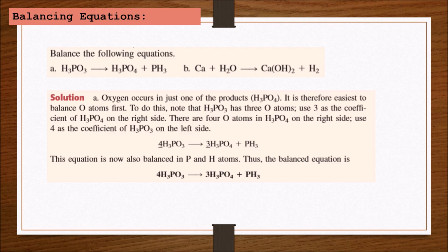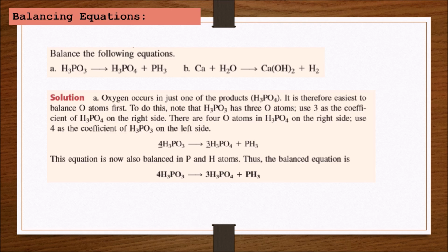Since we are doing a trial and error method, it is easiest to balance the oxygen atom first. H3PO3 has 3 oxygen atoms, so you can use 3 as the coefficient of H3PO4 on the right side of the equation. There are also 4 oxygen atoms in H3PO4 on the right side, so you can use 4 as the coefficient of H3PO3 on the left side.